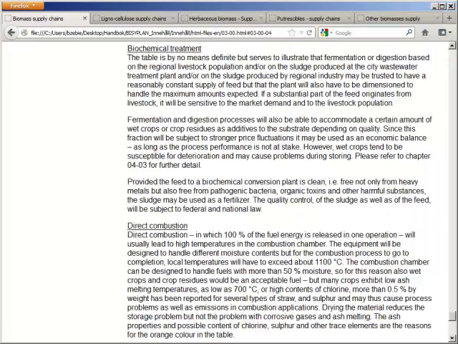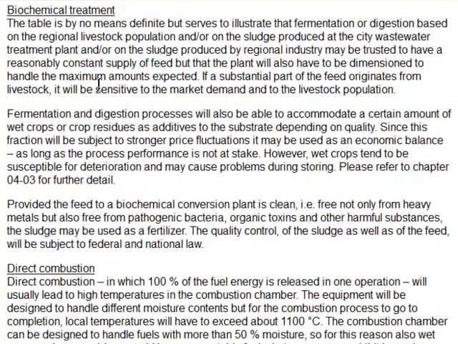If we read this text, you will understand that this table is by no means definite, but serves only to illustrate some very important aspects of things.